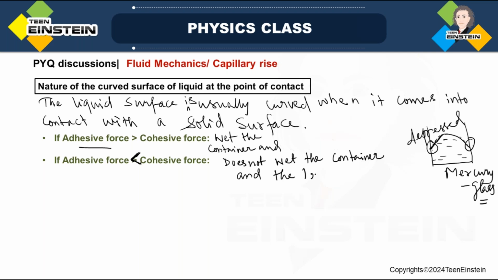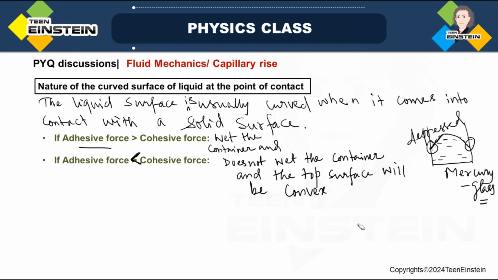The top surface is called the meniscus. It will be convex. See, concave means this and convex means this.